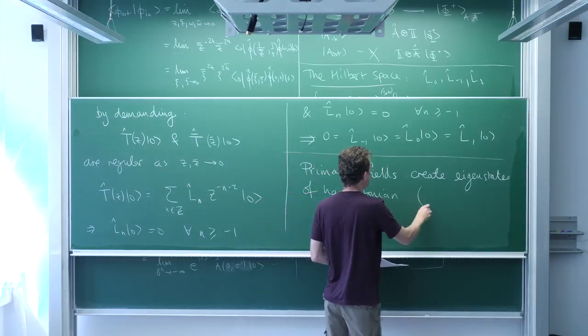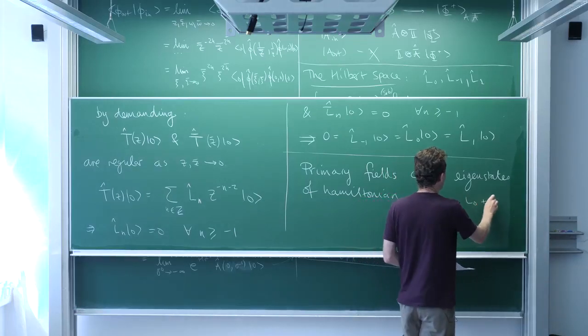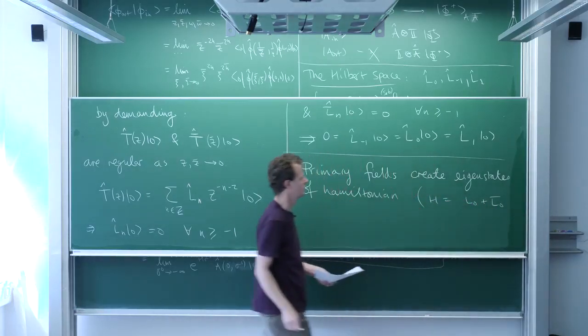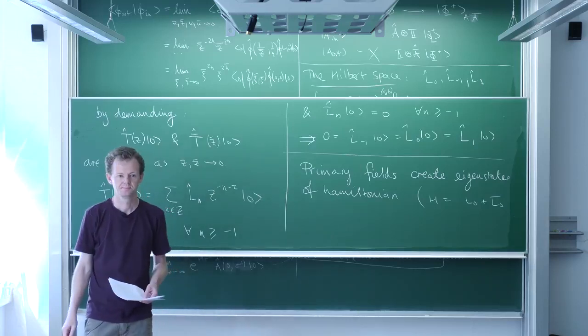So if you recall, the Hamiltonian of a conformal field theory is L naught plus L naught bar.